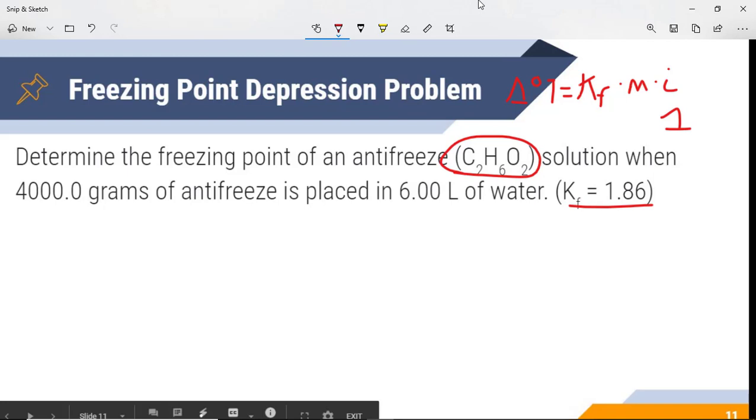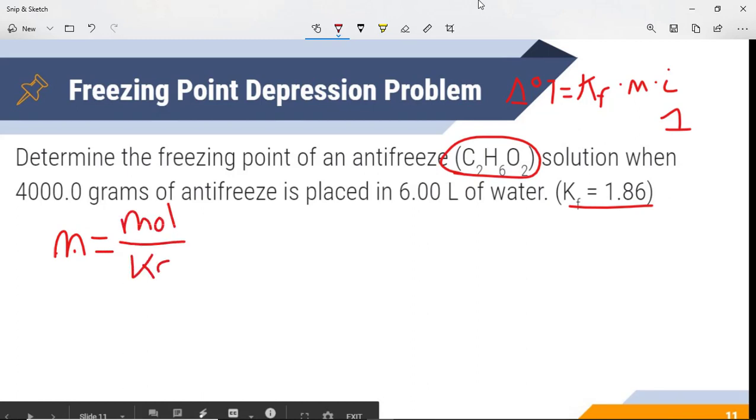And then molality. Remember, molality is moles of solute over kilograms of solvent. 6 liters of water.